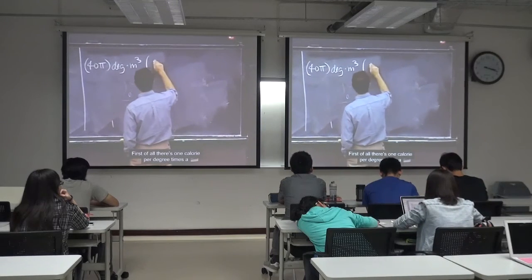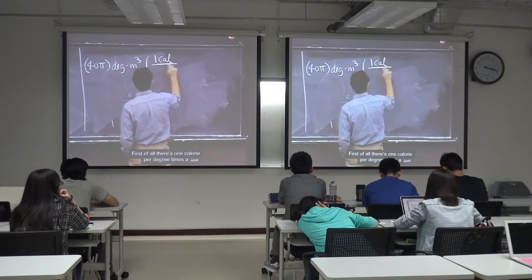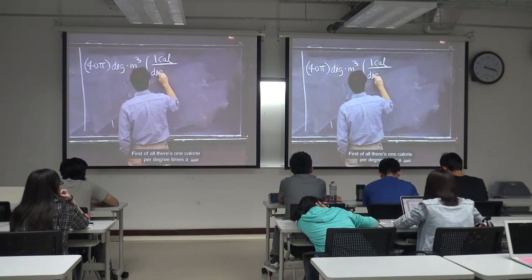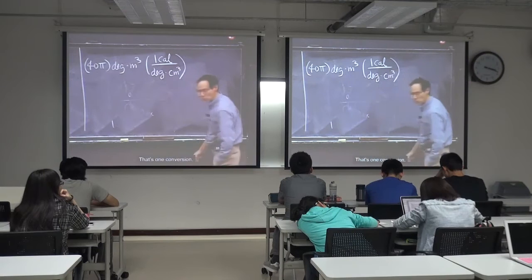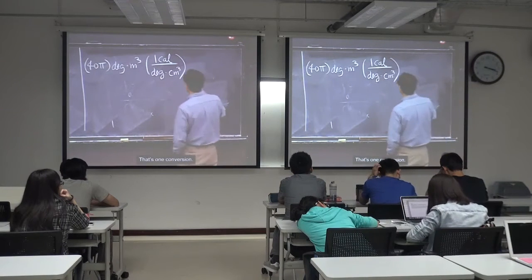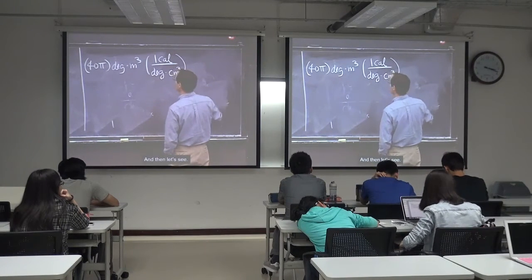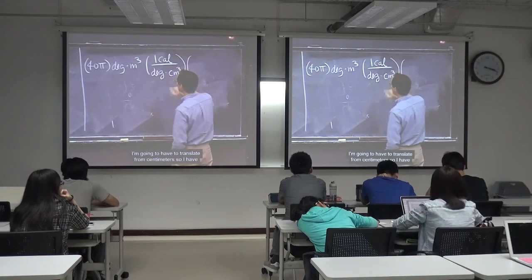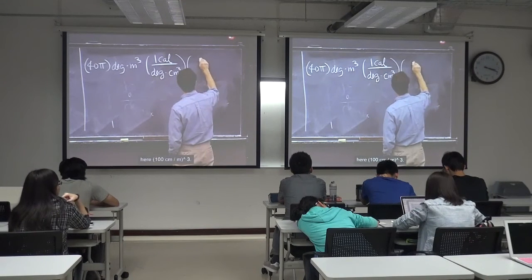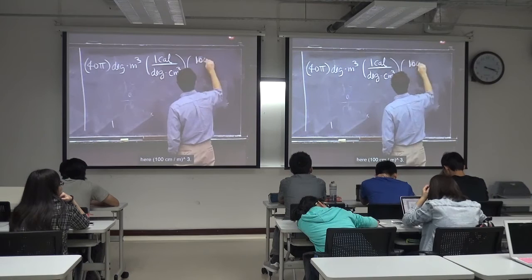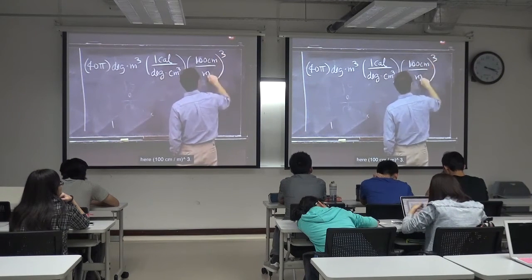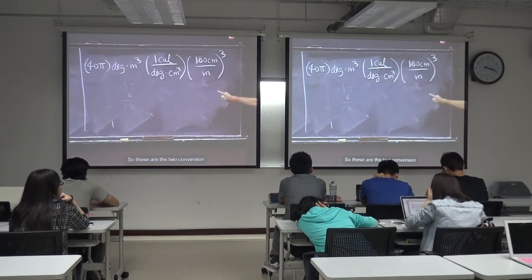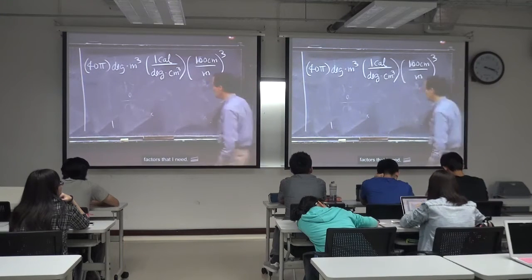First of all, there's 1 calorie per degree times a milliliter. That's one conversion. And then I'm going to have to translate centimeters, so I have here 100 centimeters per meter, cubed. So these are the two conversion factors that I need.